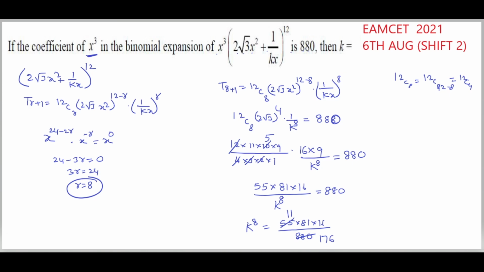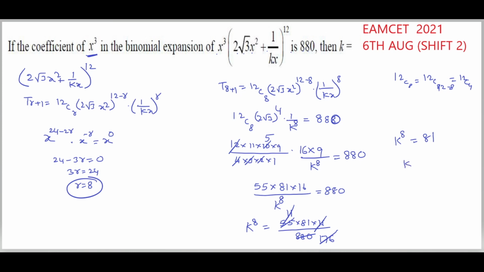So therefore k^8 is equal to, simplify this, we get 81. So here 11 into 16, this 176 cancelled. k^8 is equal to 81.